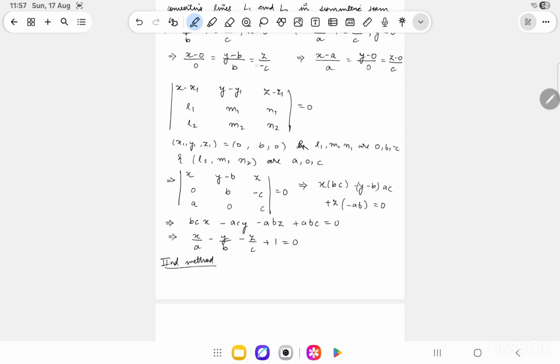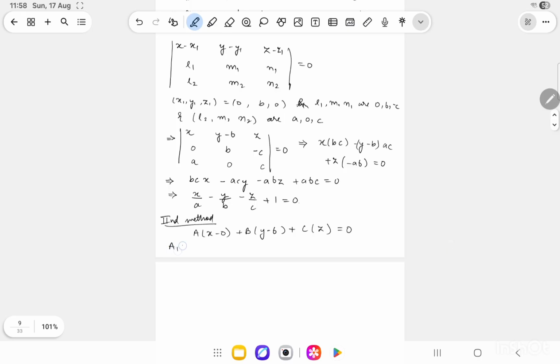Any equation of a plane passing through this L1 will be A into (x minus 0) plus B into (y minus b) plus C into z equals 0. And here my A, B, C are the direction ratios of the normal of the plane.